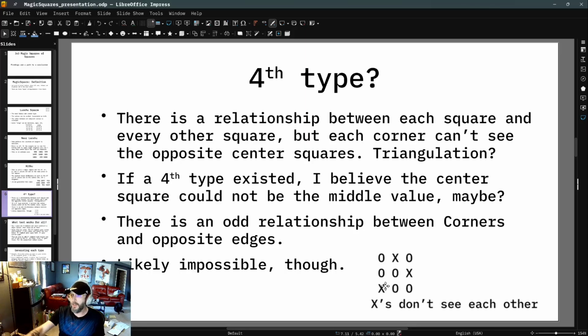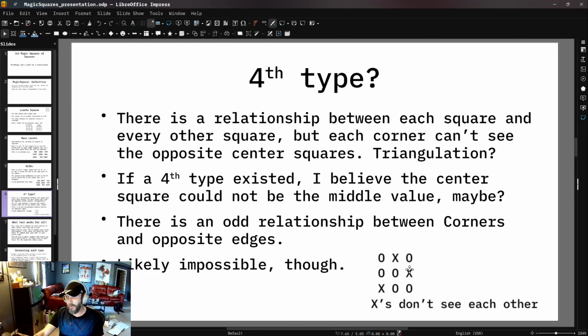Looking at this X in the bottom left configuration, it can't see and is never added with the other two X's. So I tried to find some strange configuration, but they do have a relationship with this X here, where this X, when it adds with the center, has to create another value that adds with the original X, our corner X that we're talking about.